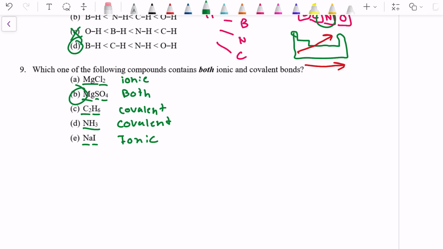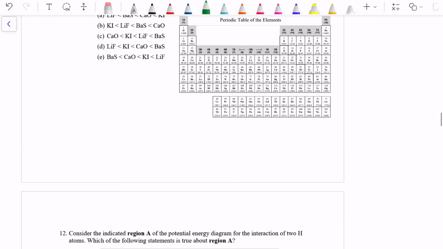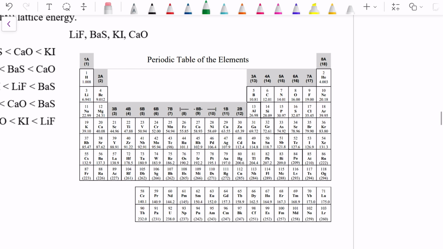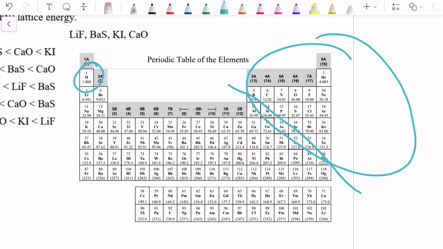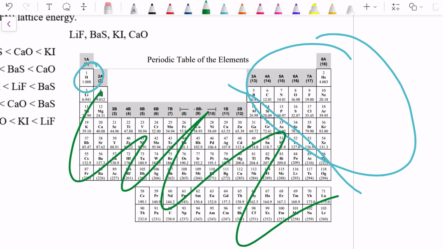If that doesn't make sense, what I just did was loosely apply that anything in this region is a nonmetal plus hydrogen, and then all of these are metals. Metals and metals form metallic bonds. Nonmetals and metals form ionic bonds.